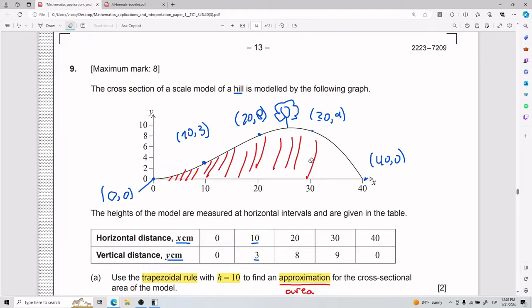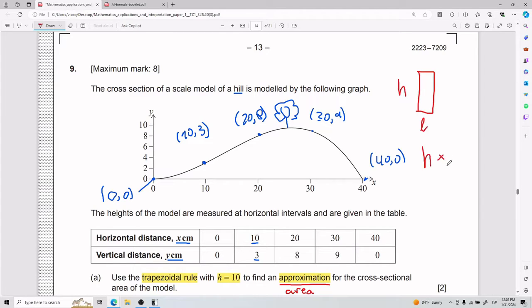For example, if I say, what's the area of a rectangle? Well, you tell me the height and the length, you just multiply height times length, you're good to go. It's easy when it's straight edges, straight shapes.